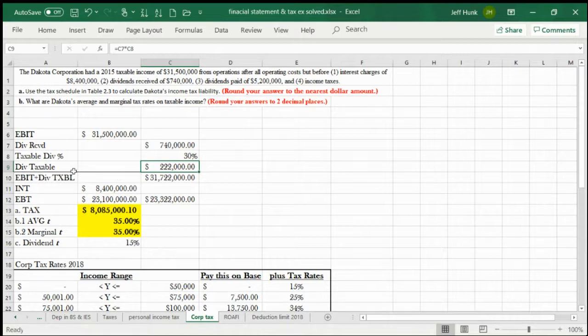So that's the taxable dividend. And then the interest is this, which was already set by the initial conditions.